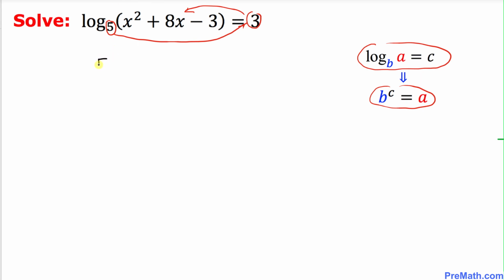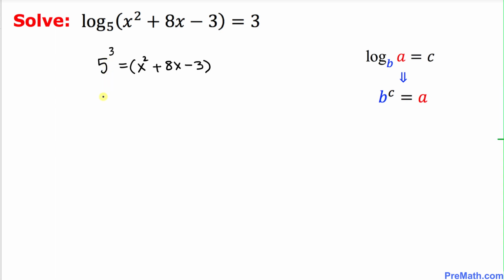So this could be written in exponential form as 5 power 3 equal to x squared plus 8x minus 3. Let's go ahead and simplify. 5 power 3 is going to give us 125. 5 times 5 times 5 is 125 equal to x squared plus 8x minus 3. Now let's move this 125 to the right hand side.